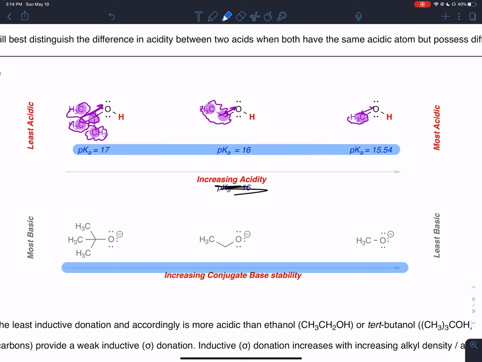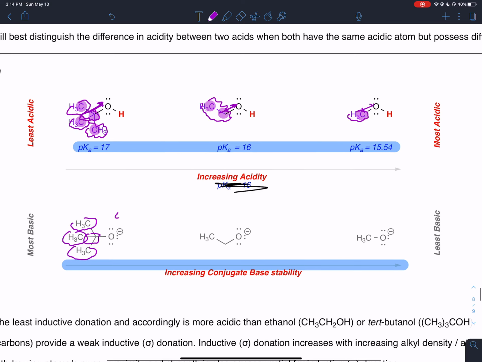That is the weakest base, the least basic species, because there is the least amount of electron donation via this inductive donation. What will happen is if there is more inductive donation, as is the case with that tert-butyl group in the conjugate base of tert-butanol, that will concentrate the negative charge on the oxygen.